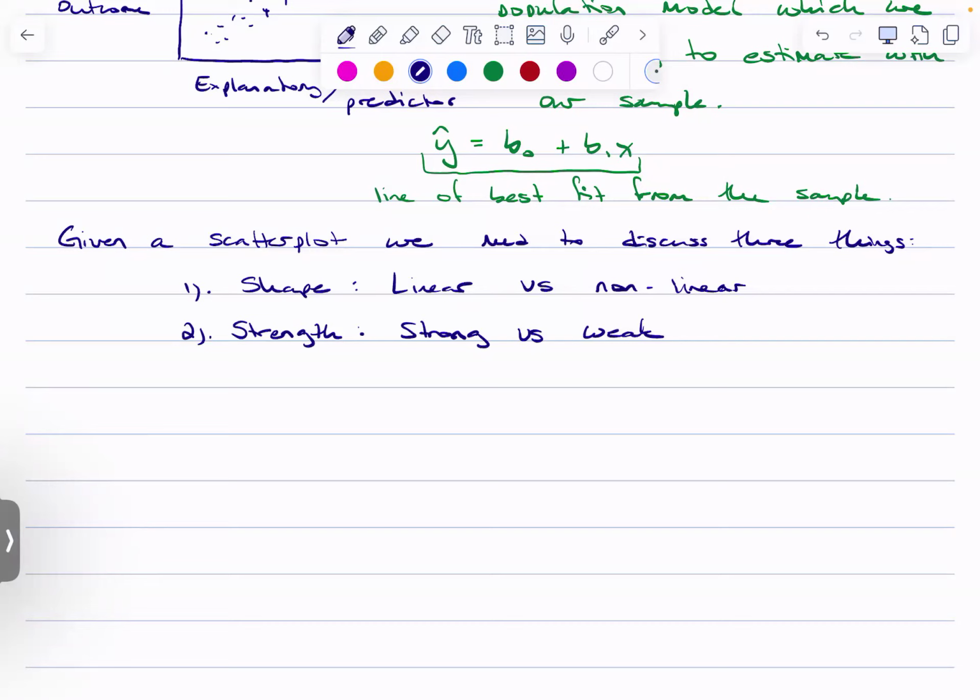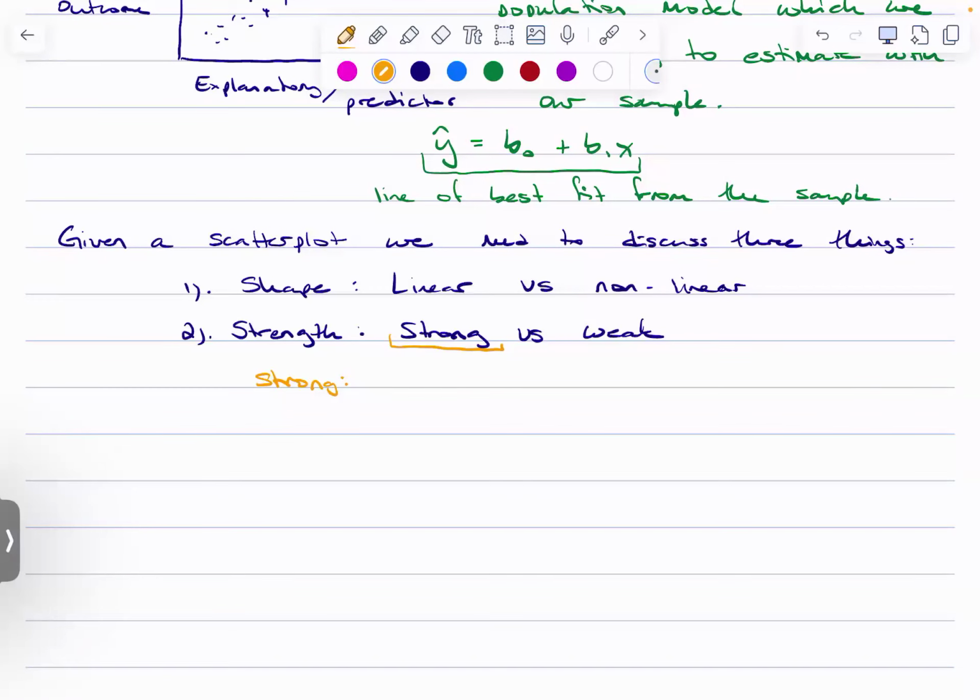We could call it moderately strong, but as a rule of thumb, I'm going to call it strong as soon as you see a pattern. If the pattern is hard to detect, but you could still convince yourself of a pattern, I would call it moderately strong, adding a modifier.